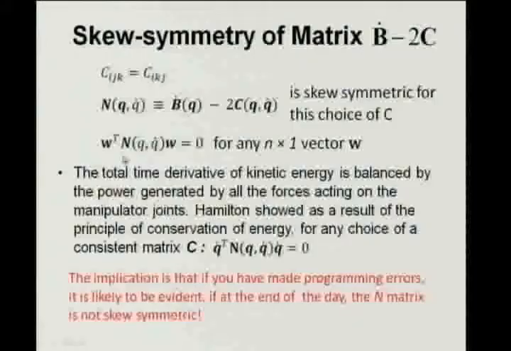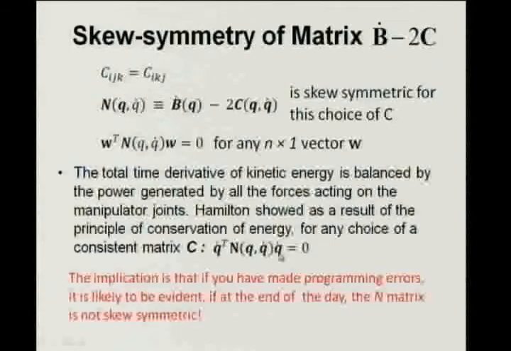So it's a powerful check of your formulation and your coordination. And skew symmetry also implies that for any W, W transpose N Q Q dot W is equal to 0. That is the property of skew symmetry. Any vector you multiply by the matrix pre and post will turn out to be 0. Since it is true for any vector, if I pre-multiply by Q dot transpose and post-multiply by Q dot, that will also be equal to 0.